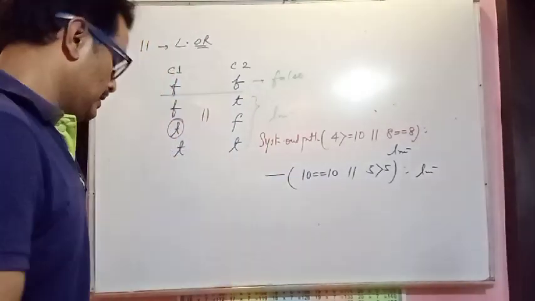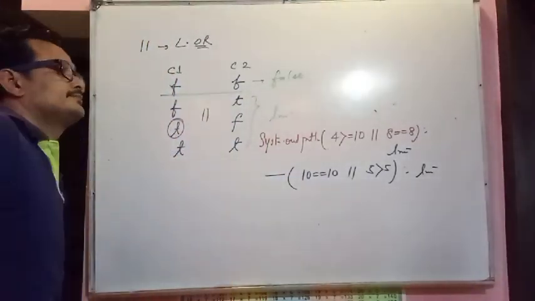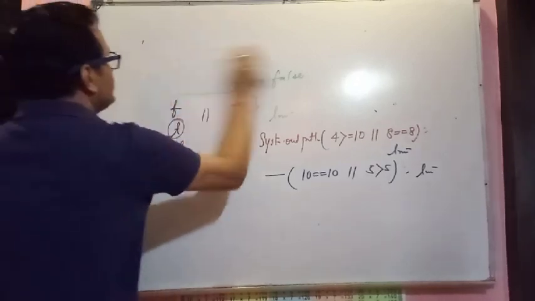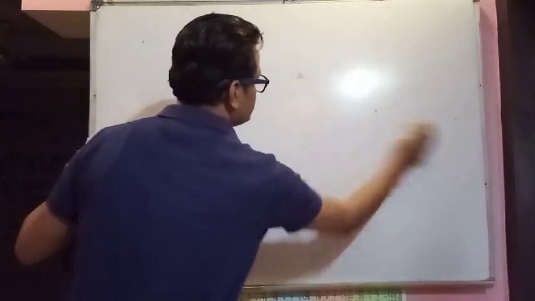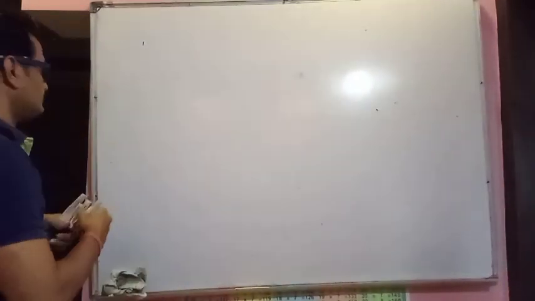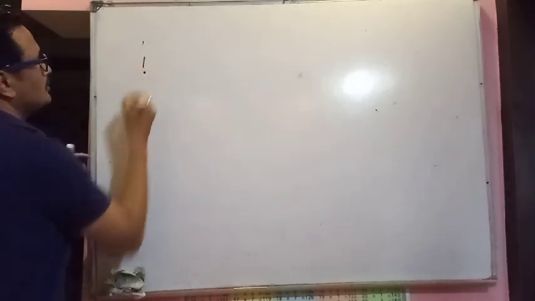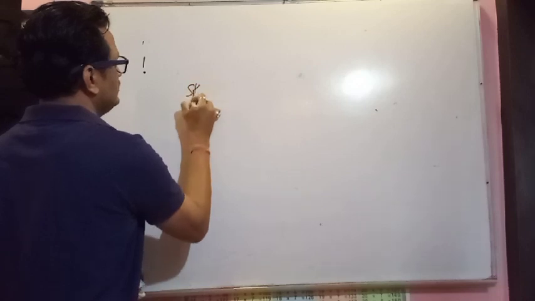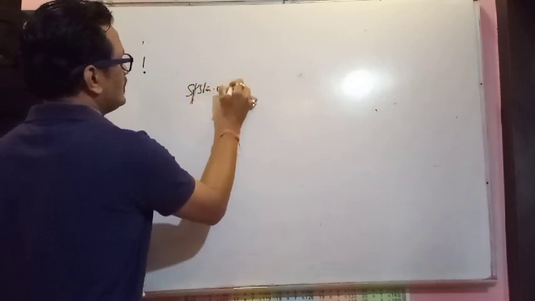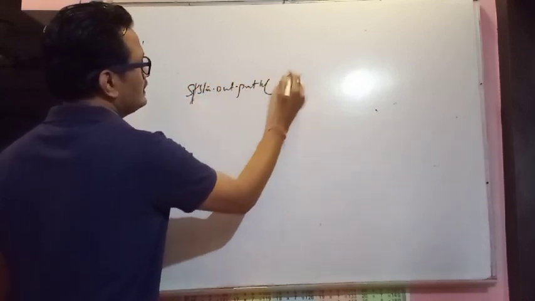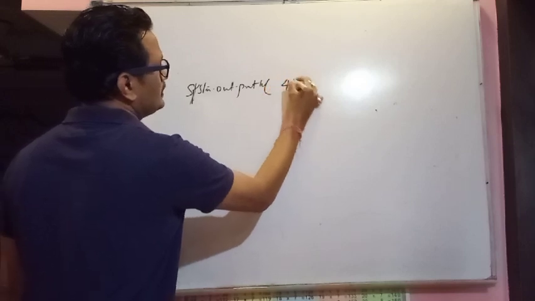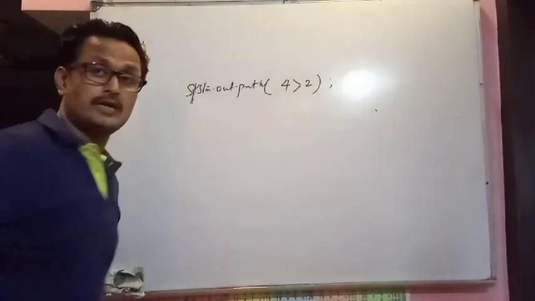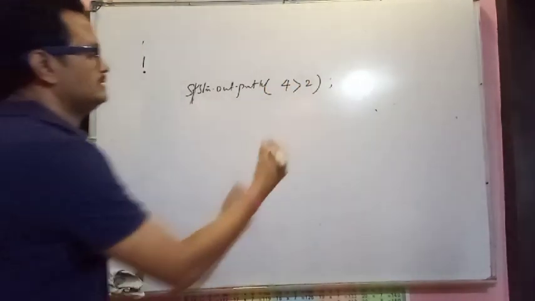Now the third one is logical NOT. This is the last operator, children. This is logical NOT. Suppose you write here System.out.println and here is 4 greater than 2, your answer will be what? You know very well. Your answer will be true.